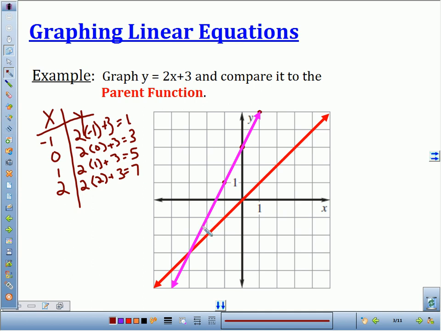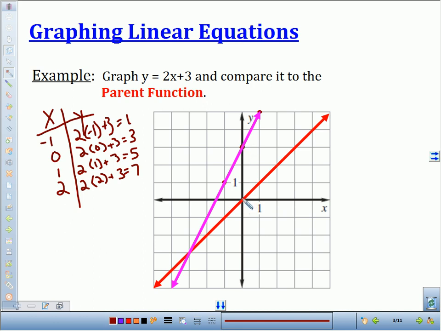And we can look at how these two graphs compare. The red line is the parent function. The pinkish purple line here is my graph of y equals 2x plus 3. And we can see that as far as the y-intercept goes, the y-intercept of my new line is higher than that of the parent function.